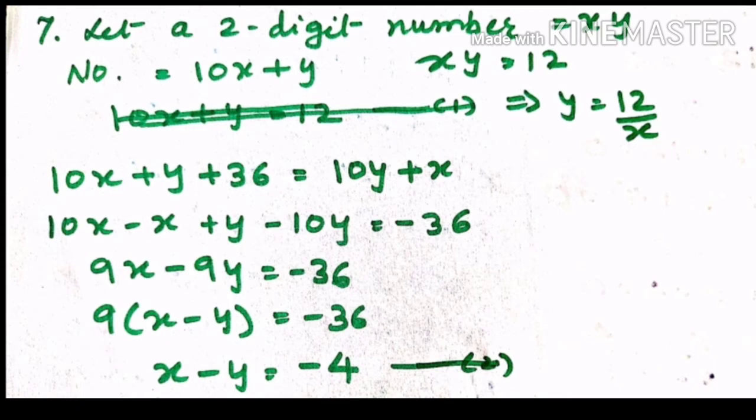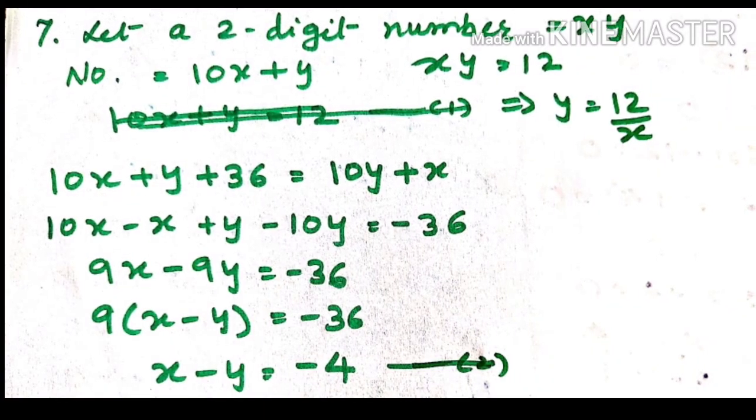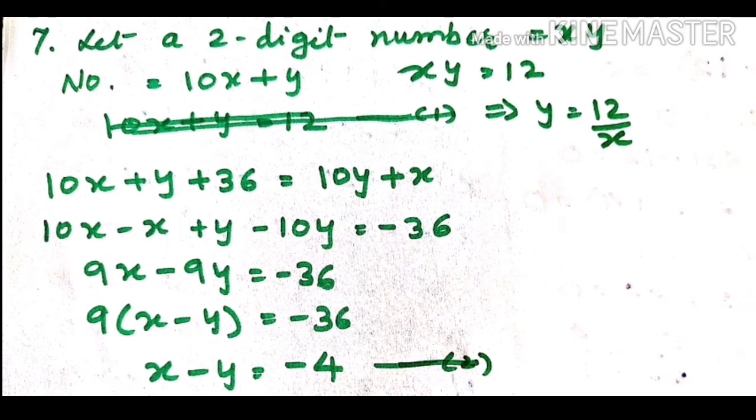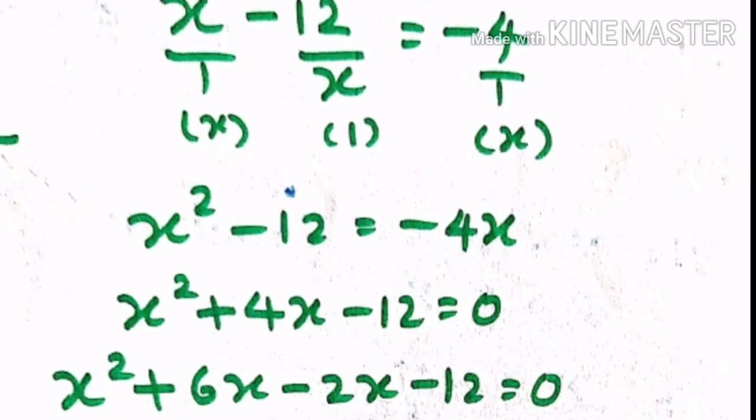In this equation we place the value of y to get our next quadratic equation. So as you can see now, x minus 12 by x is equal to minus 4. Now take LCM. There is nothing in the denominator, so we can write 1.